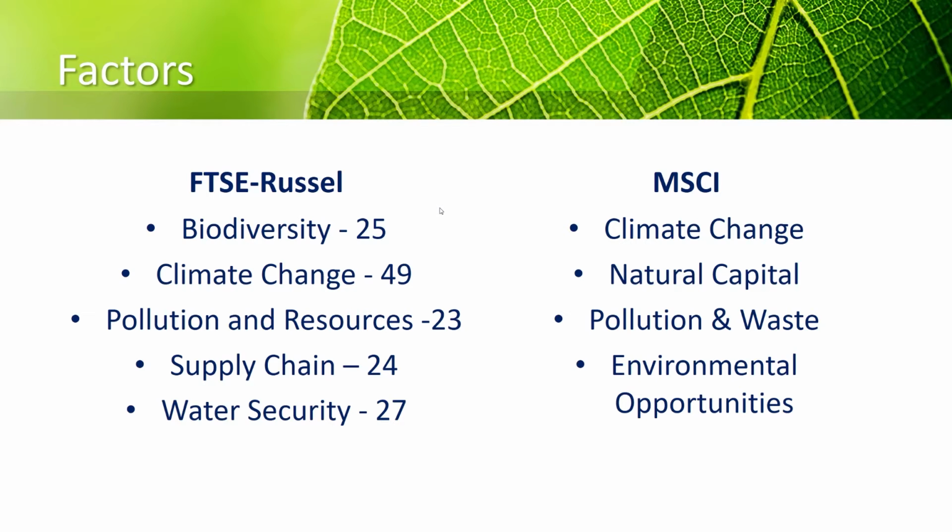The supply chain, however that's defined, by 24 different items, and water security by 27 different items. I imagine somewhere in there there's some sort of measure of CO2 emissions and greenhouse gas emissions, wherever that is included, I'm not exactly sure, and probably waste generated, probably in pollution and resources.